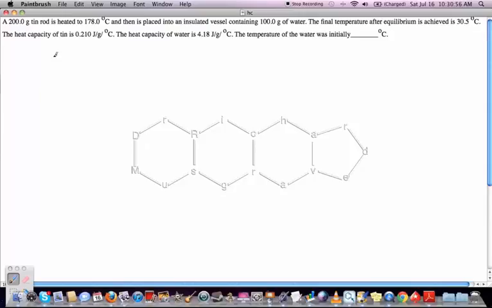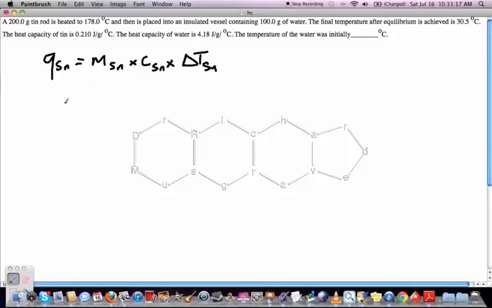Alright, so we start off, we've got the Q of tin. That's what we're going to find out first. And we're going to measure that by the mass of tin times the heat capacity of tin times the change in temperature of the tin.